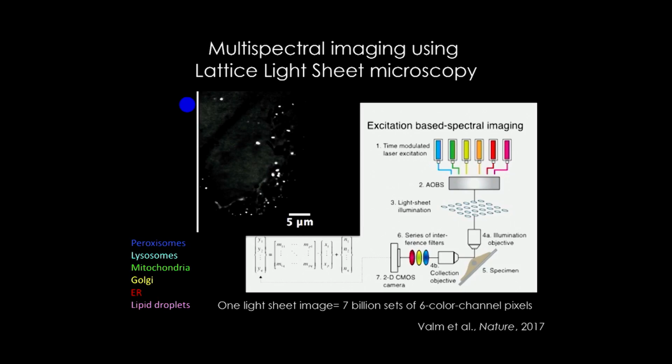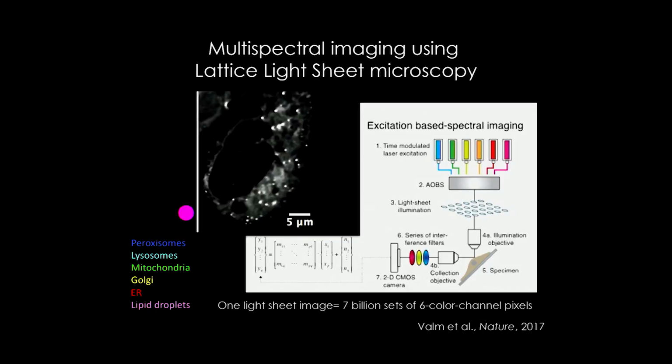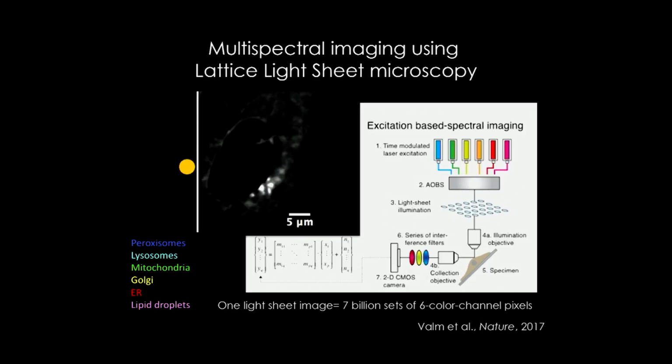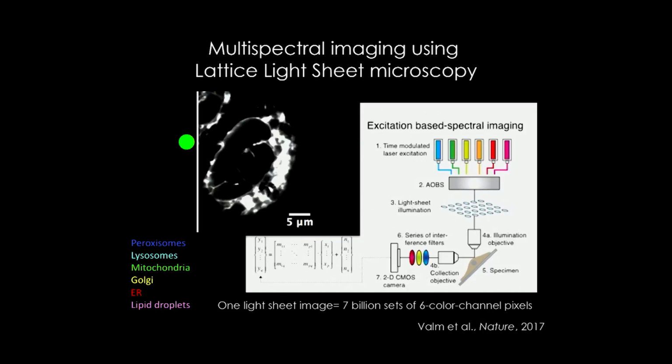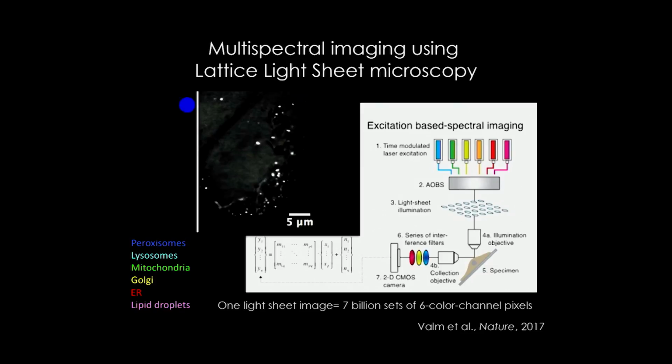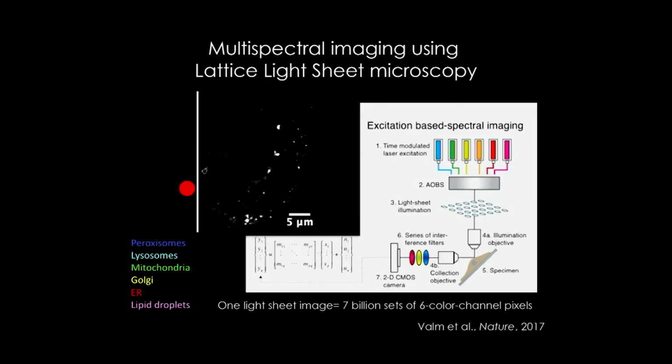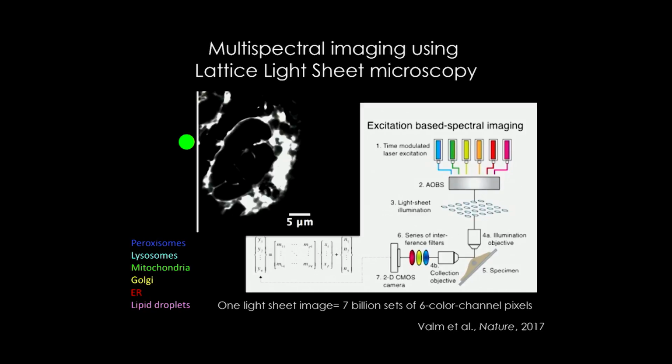And so we've combined that with lattice light sheet microscopy to be able to image simultaneously 6 different organelles within the cell over time. In order to do that, we've essentially introduced 6 different laser lines that cover the visible spectrum. That allows us to excite the fluorophore that we've tagged on each one of these different organelles. And then we do our linear unmixing algorithms to determine the specific spectra associated with each organelle.